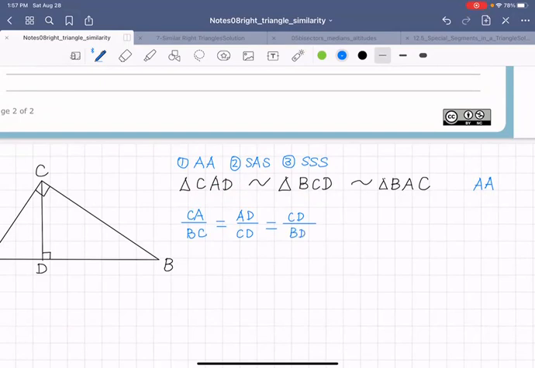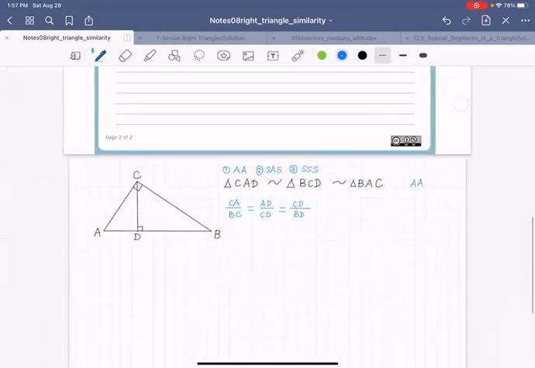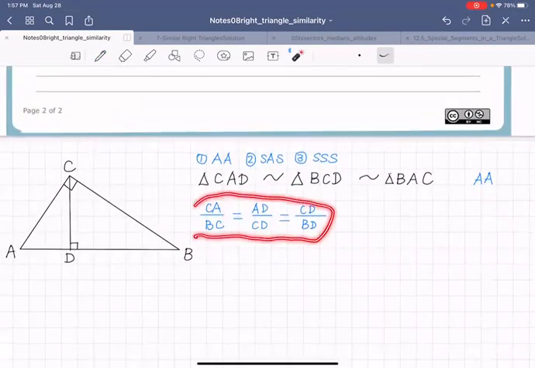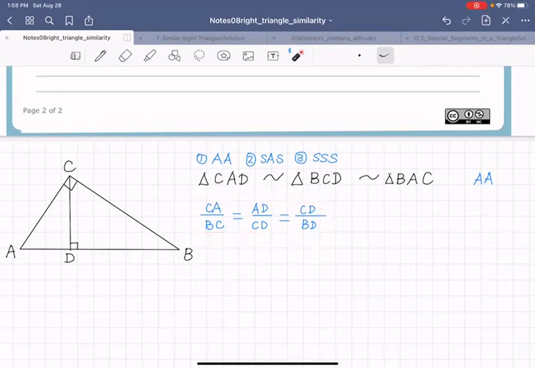Okay, all right. Now look at this. In this proportion, do you see something repeat itself? Do you see which one repeats 2 times? CD repeats 2 times.